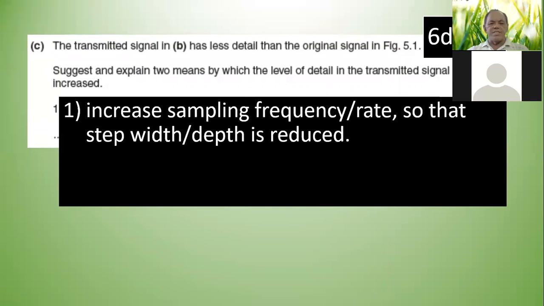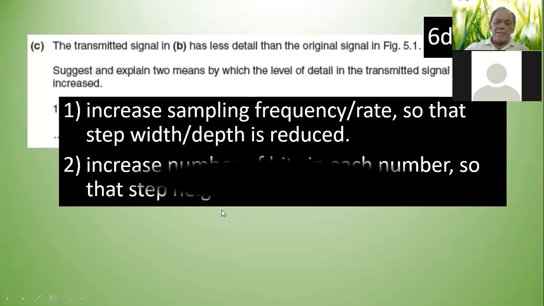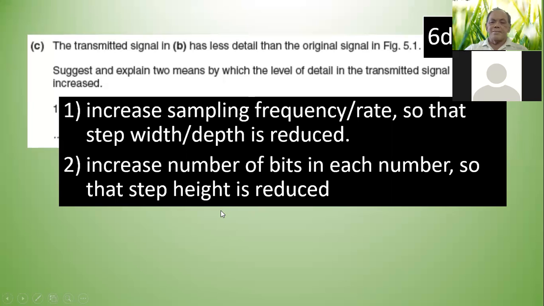Increase the sampling frequency, which means take more readings at a shorter time interval, so that will reduce the step width. Increase the number of bits in each number so that the step height is reduced.